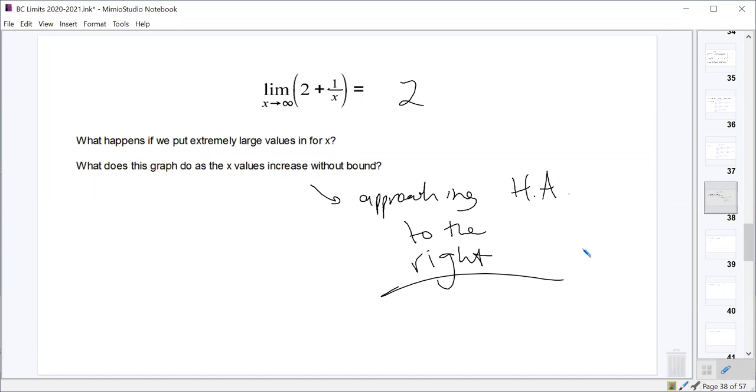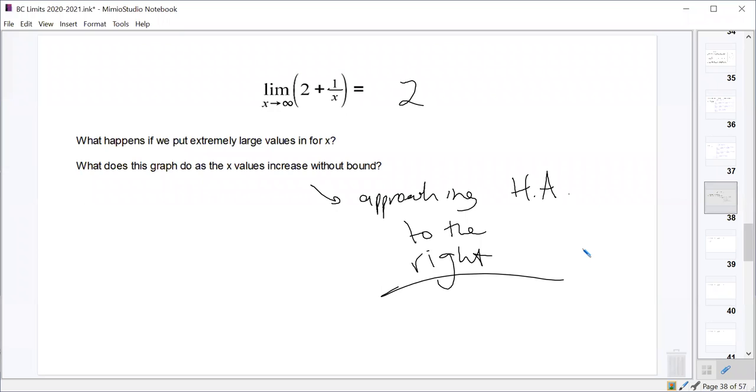Just because a function has a horizontal asymptote to the right, does that mean that it also has one to the left? Nah, that's right. And just because one has one to the right of, like, say, 2, doesn't mean that the one to the left is also 2. They could either not have one in both directions and only have one in one direction, or they could be different in the different directions.